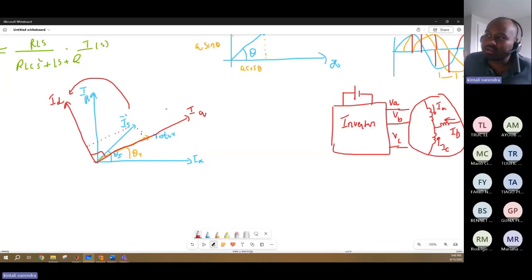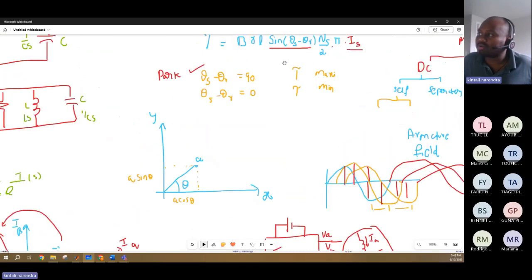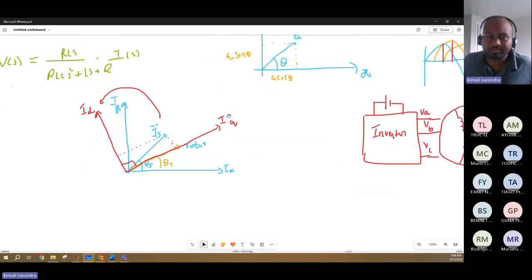How should I do it? I need to push my stator angle to the ID axis so that the rotor and the stator will be at 90 degrees to each other, developing maximum torque for the same motor which has been built.